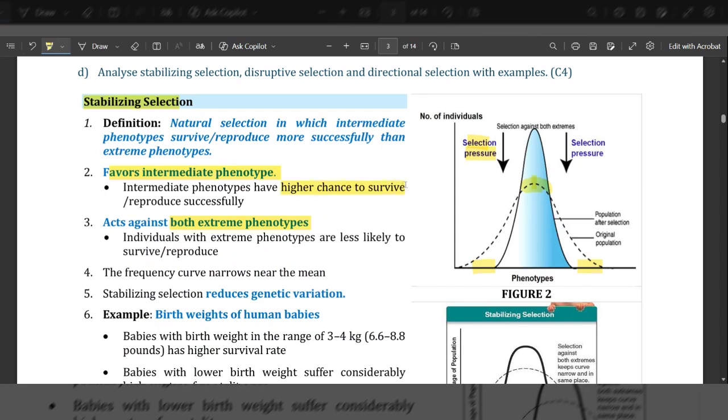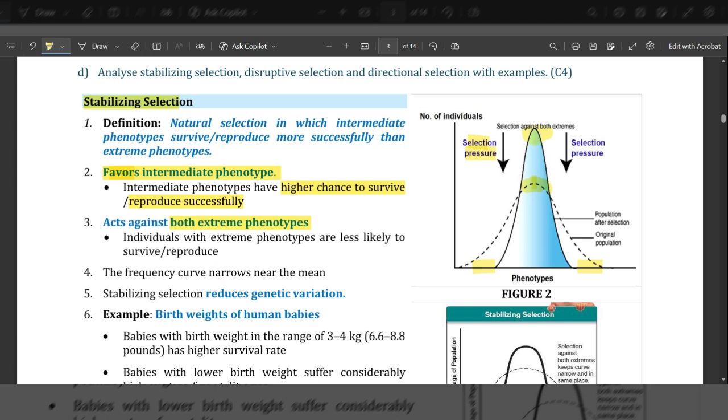And when they survive, they are able to reproduce successfully. So the offspring will have a higher chance to carry the similar characteristic to their parents, causing the frequency of the intermediate phenotype to increase.